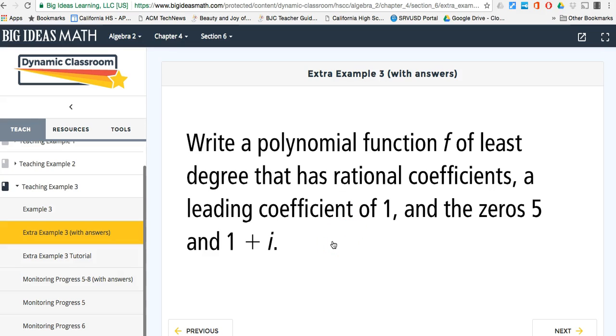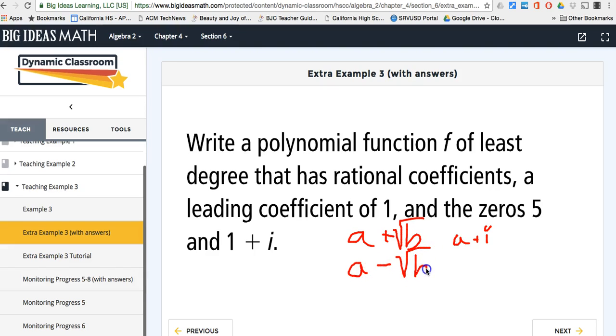What it means is that if one of our roots is in the form a plus root b, or a plus bi, so either an irrational number or a complex number, then we know the conjugate has to be a root too.